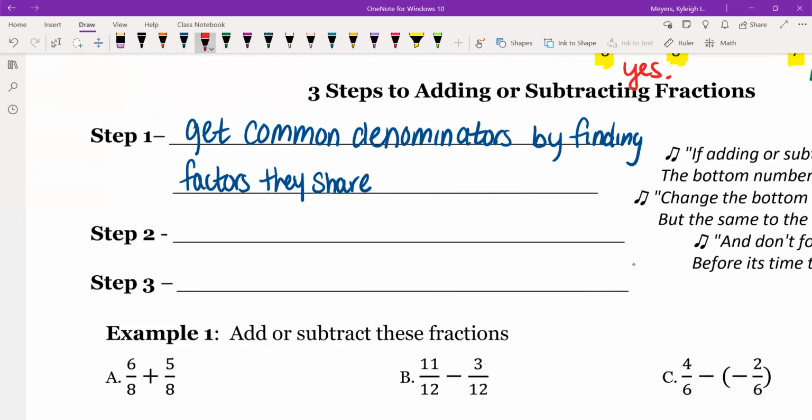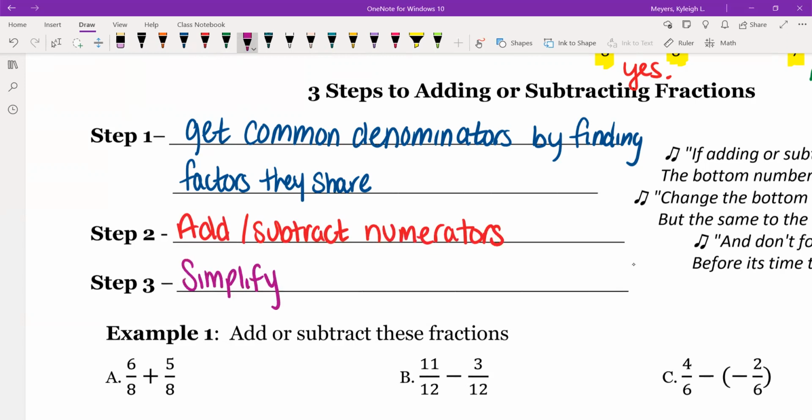Once we have common denominators, then we add or subtract just the numerators. That's important, just the numerators. And then we simplify, either put it in simplest form or into a mixed number. And we'll review how to do that too.